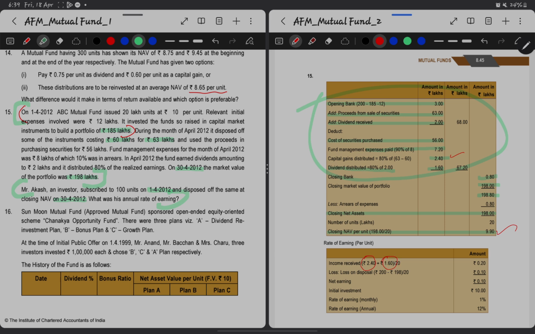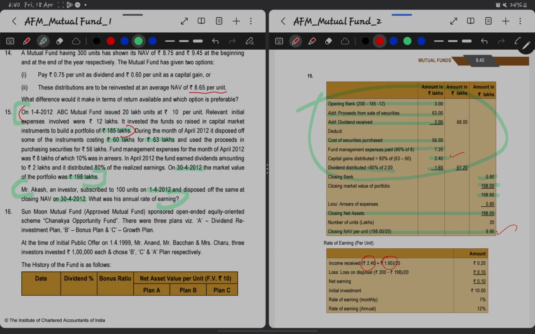And then there will be another thing which is nothing but the capital gain distribution. So as we can see, the company, the ABC mutual fund, has sold some mutual funds costing 60 lakhs for 63 lakhs. So there is a gain of 3 lakhs. But as we can see, out of that 3 lakh, only 80% has been distributed, right?